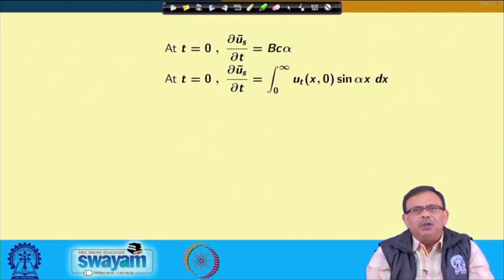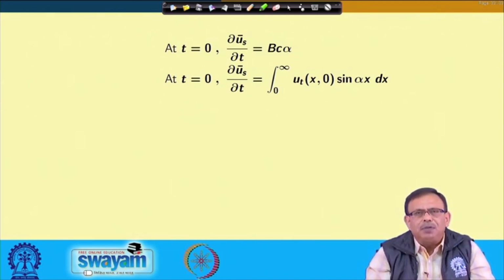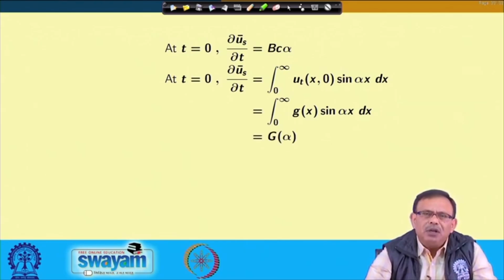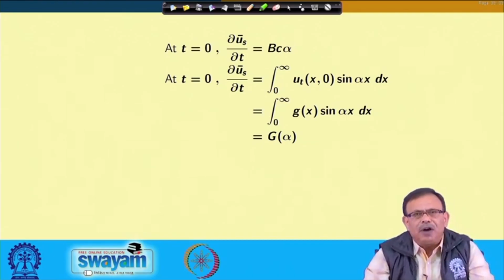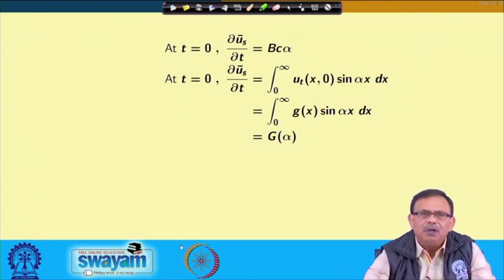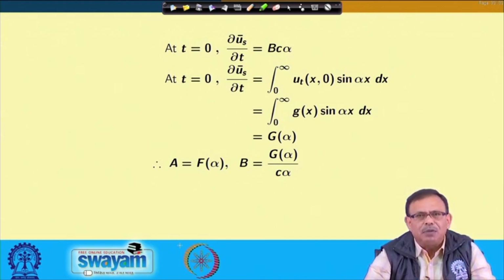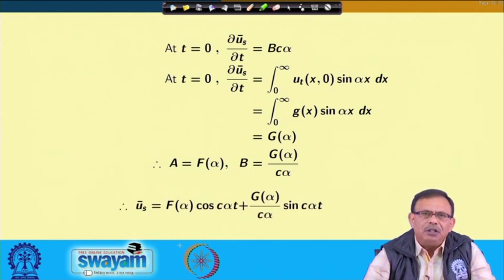It is nothing but the integral from 0 to infinity of u_t(x,0) sin alpha x dx, because this is the Fourier sine transform of u_t(x,0), and I know the value of u_t(x,0), that is g(x). So, I can write it as the integral from 0 to infinity of g(x) sin alpha x dx, which is nothing but capital G(alpha), where G(alpha) is the Fourier sine transform of g(x). So, I obtained a and b in terms of the Fourier sine transform of f(x) and of g(x). So, I am writing ū.